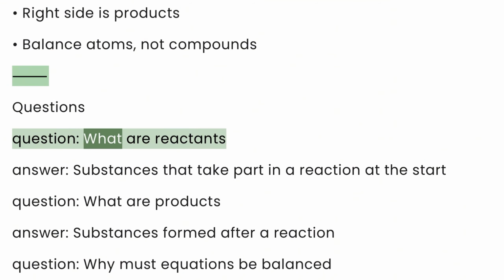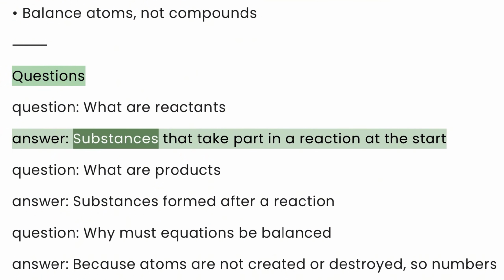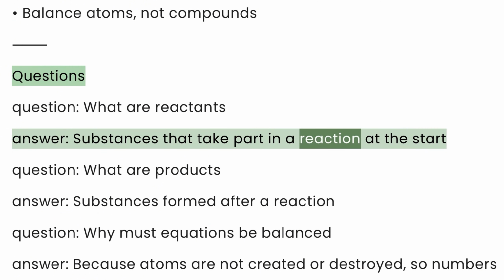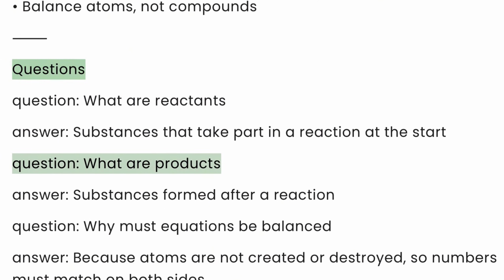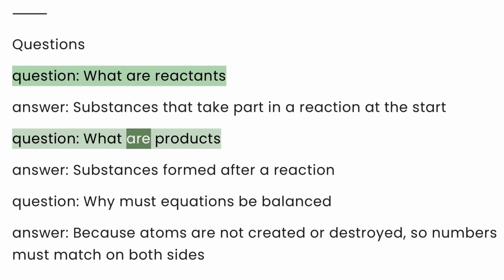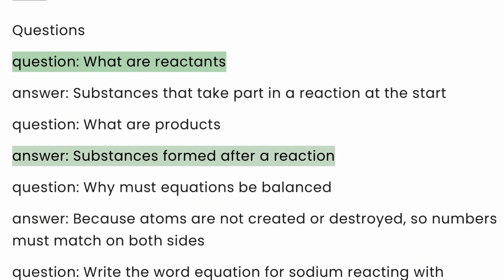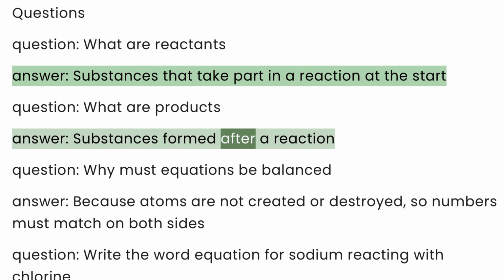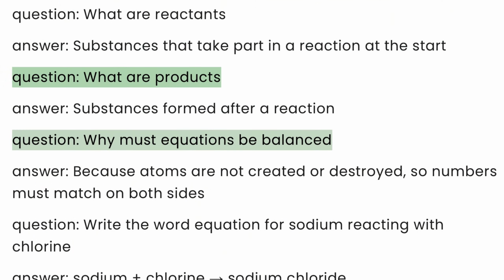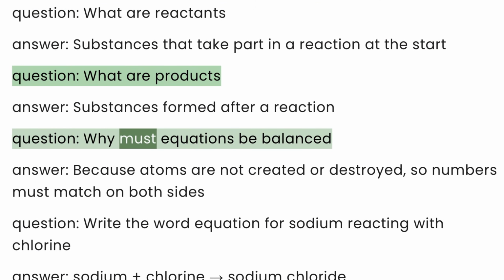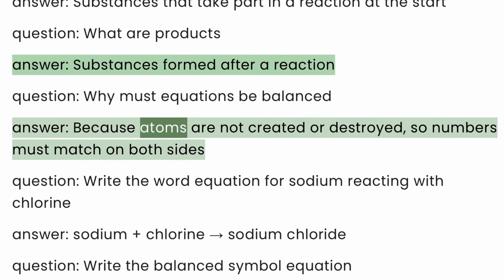Questions. Question. What are reactants? Substances that take part in a reaction at the start. Question. What are products? Substances formed after a reaction. Question. Why must equations be balanced? Because atoms are not created or destroyed, so numbers must match on both sides.